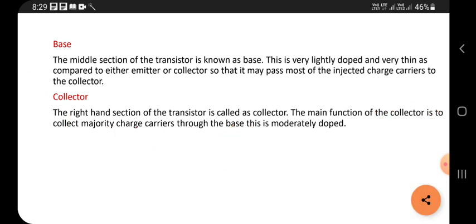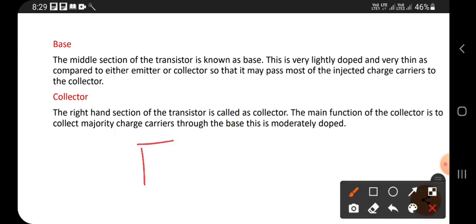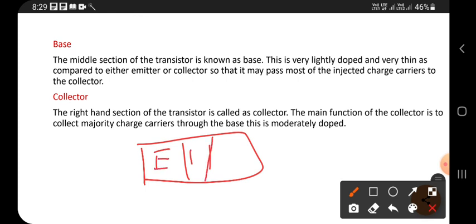So see here from the beginning: emitter, base, collector. The emitter injects the majority charge carriers to the base. The base passes these majority charge carriers to the collector. The collector collects these majority charge carriers.